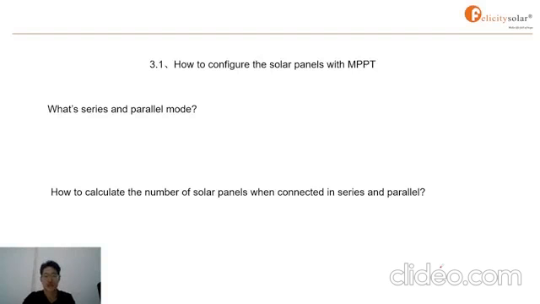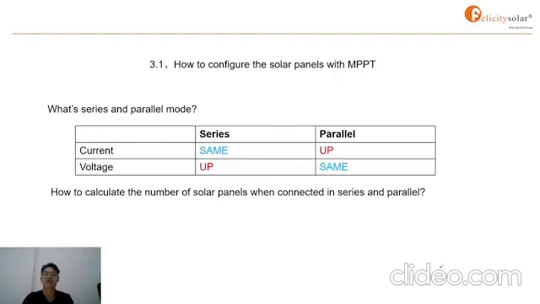What are series and parallel mode? And how to calculate the number of solar panels when they are connected in series and parallel? The first question is simple, and maybe all the dealers know. It's just some basic physical knowledge.